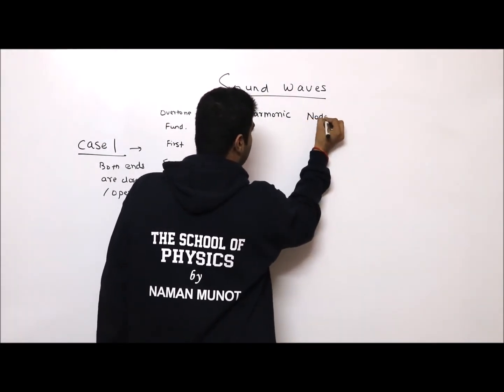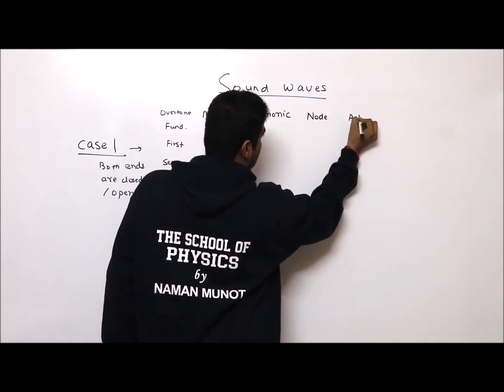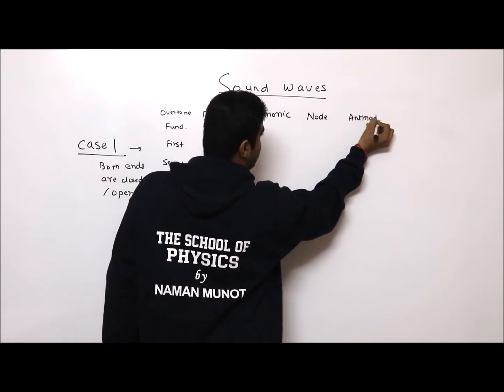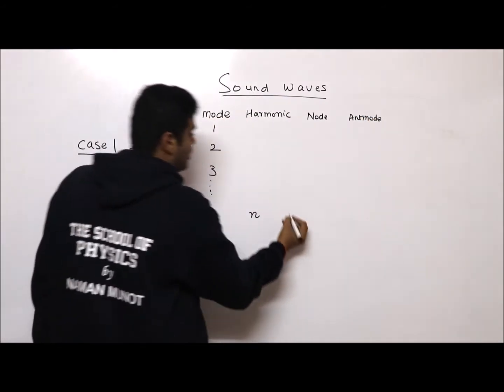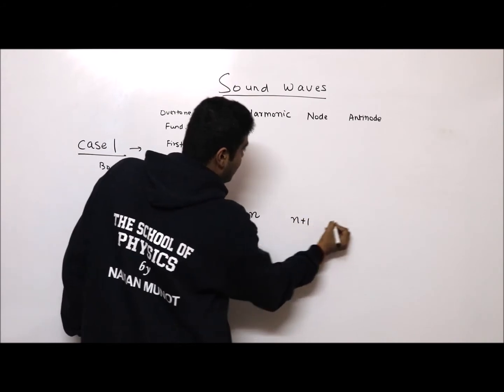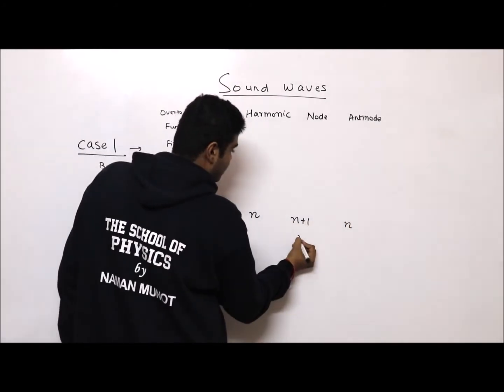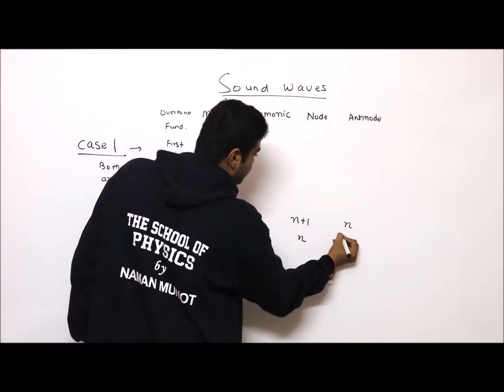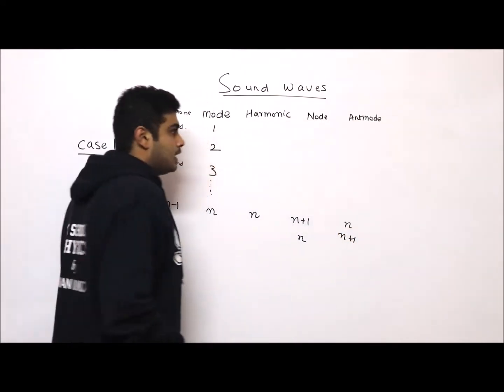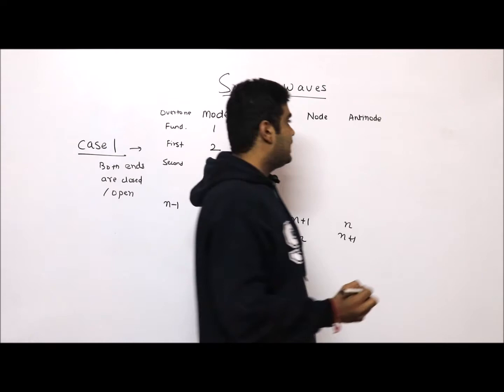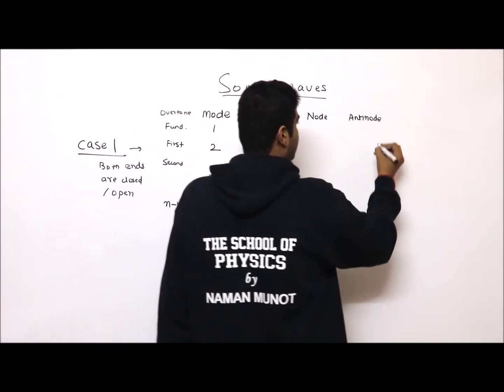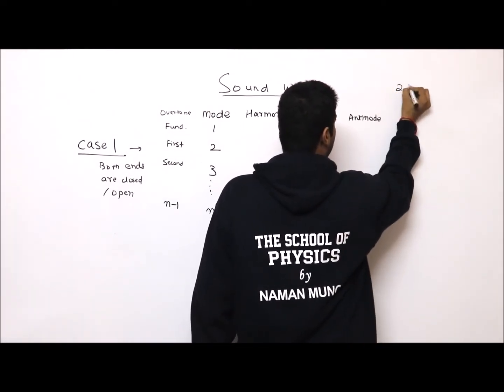If both the ends are closed, then the number of nodes is n plus 1 and antinodes is n. If both the ends are open, then the number of nodes is n and antinodes is n plus 1. The next very important thing that we are going to see is 2L by harmonic.